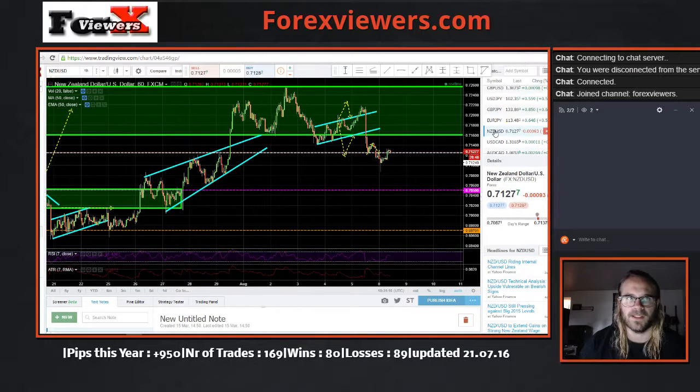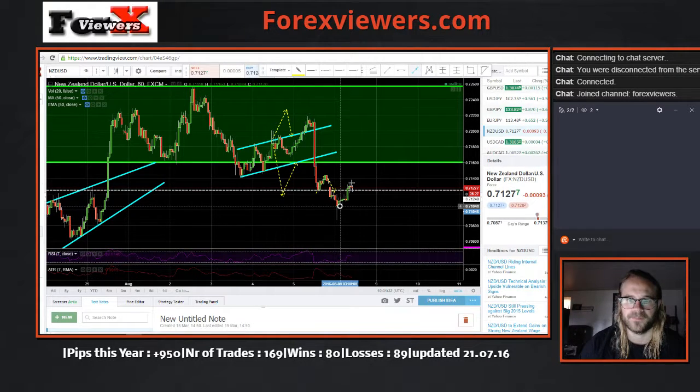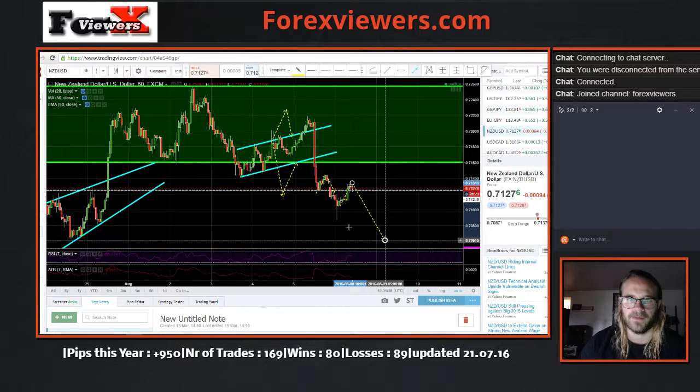So New Zealand dollar, US dollar, or the Kiwi. Just got the break here. Break below, close below right here. We are getting the pullback right here. So a trend continuation to the downside is a possibility.